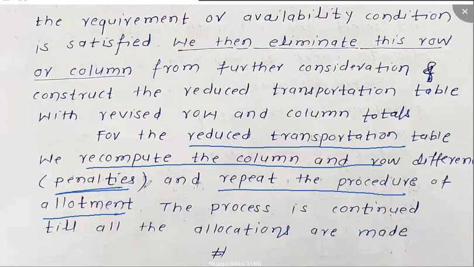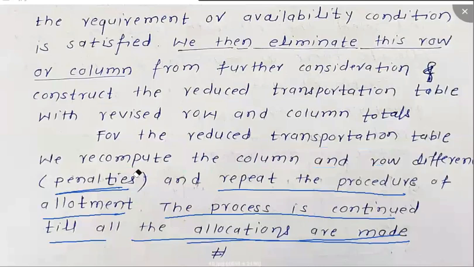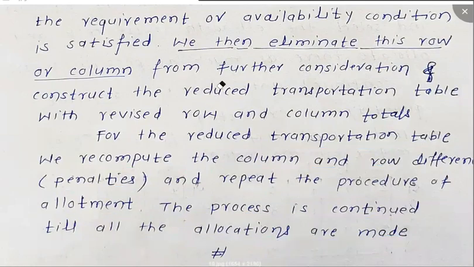If supply is exhausted, we delete the row. If requirement is satisfied, we delete the column and construct the revised transportation table with revised totals. The process is continued until all the allocations are made, all the supply is exhausted and all the requirement is satisfied. So this is called Vogel's approximation method.